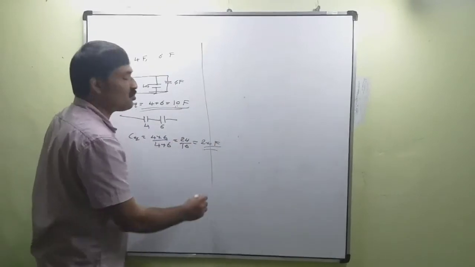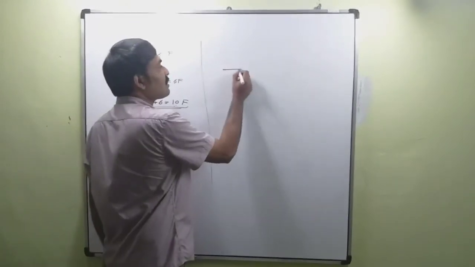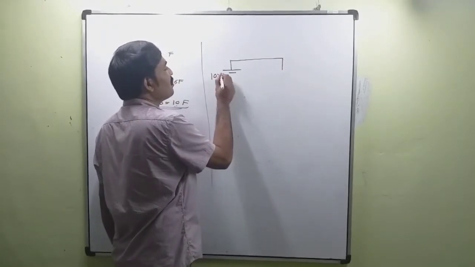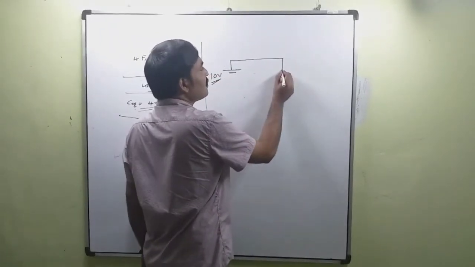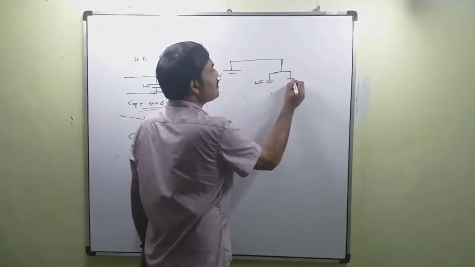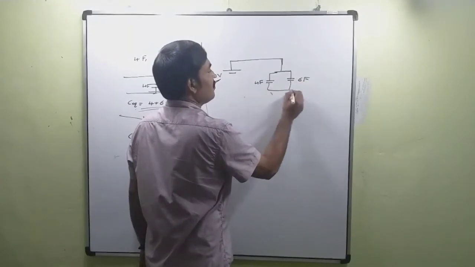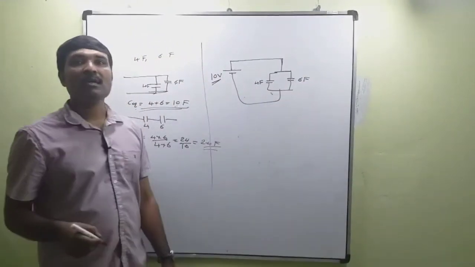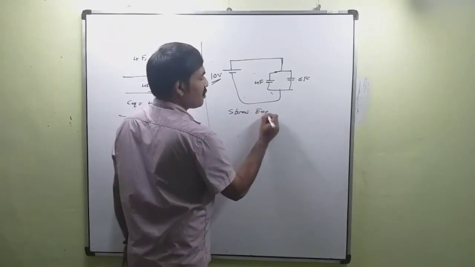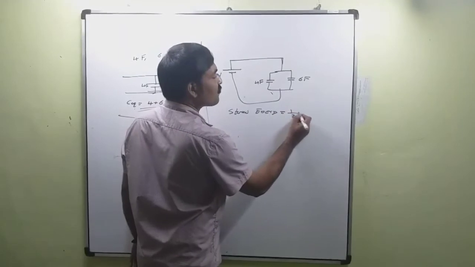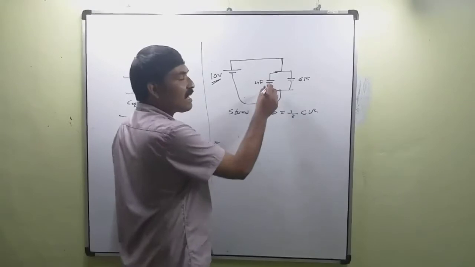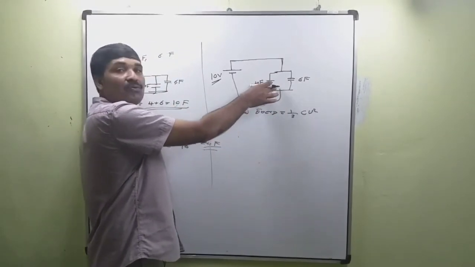Suppose we have two capacitances connected across a battery. Let the voltage of the battery be 10 volt. Let the values of the capacitances be 4 farad and 6 farad. Right. Now, what is the total stored energy? We know that stored energy is equal to half CV square. Now, C is the equivalent value of these two capacitances.